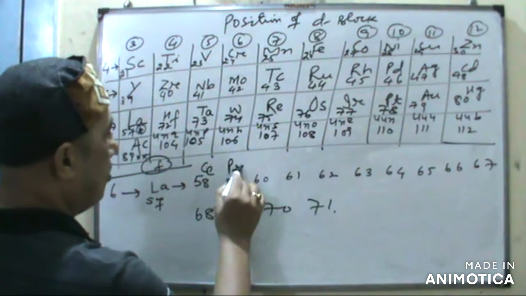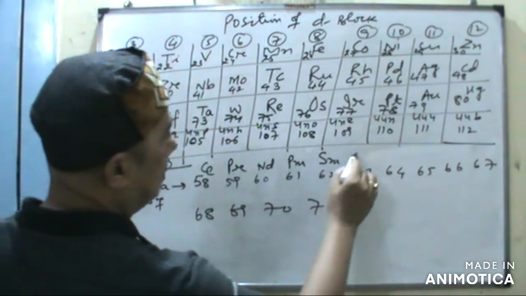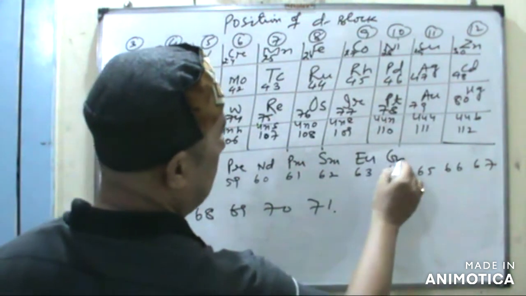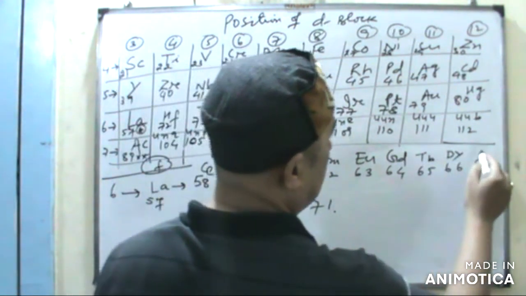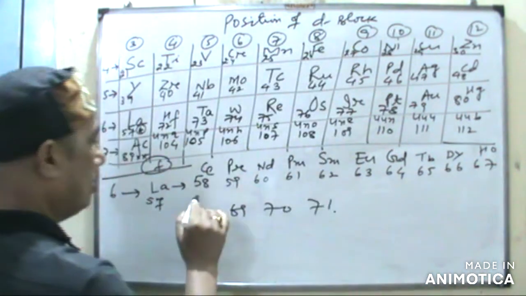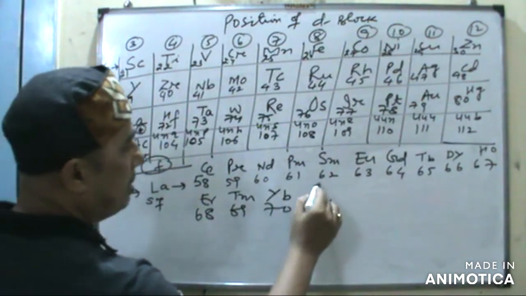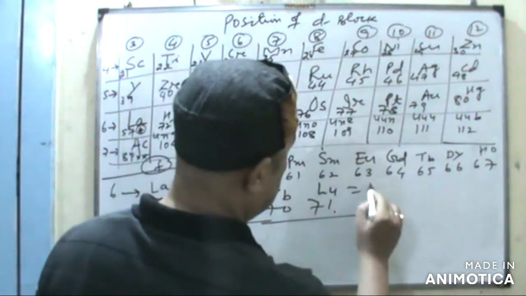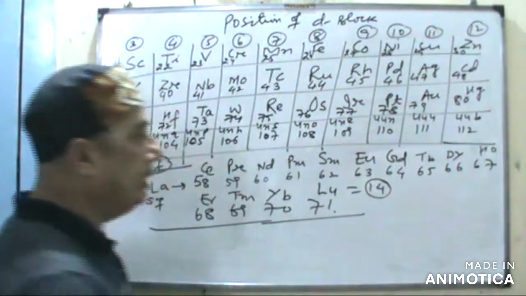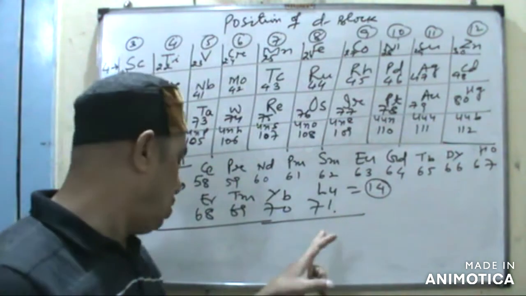Ce, Pr, Nd, Pm, Sm, Eu, gadolinium, Tb, Dy, Ho, Er, Tm, Yb and lutetium. These are 14 elements. These are the lanthanide series, 58 to 71, cerium to lutetium.